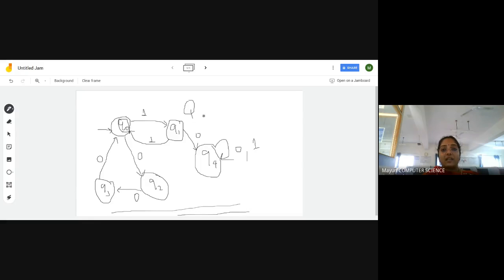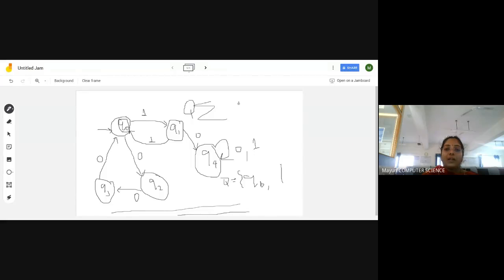Number of finite states. Sigma, the input alphabet, here 0, 1. What is Q here? Big Q: Q0, Q1, Q2, Q3. So you have to mention big Q is equal to the set of all states, within curly braces: Q0, comma, Q1, comma, like that.